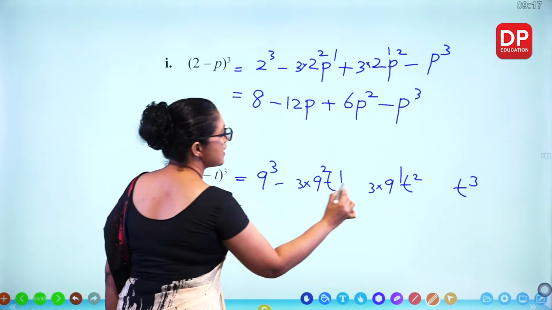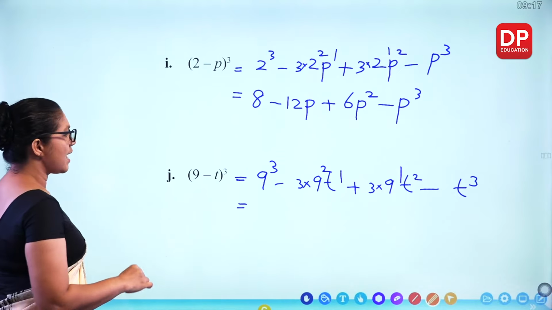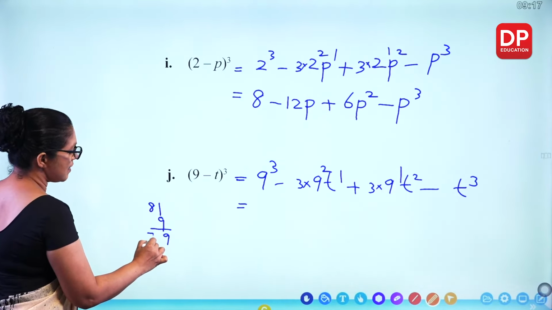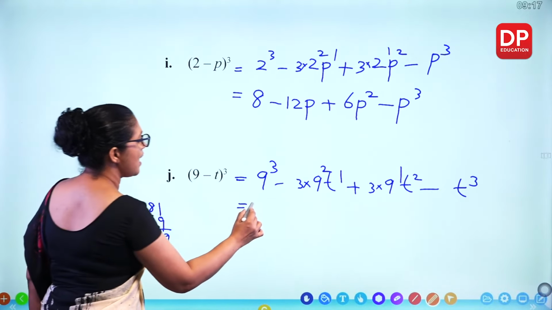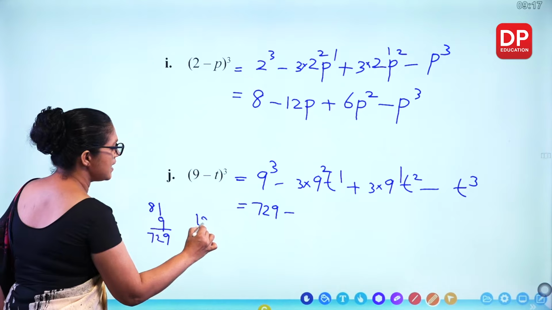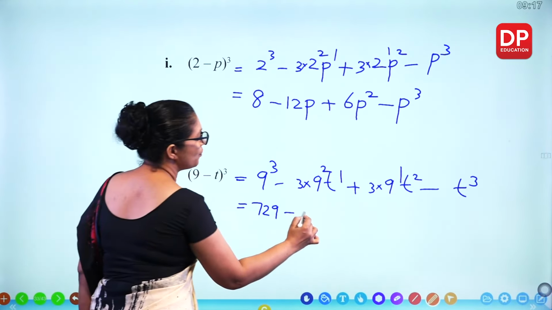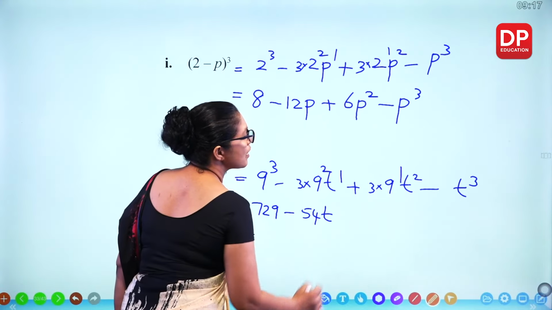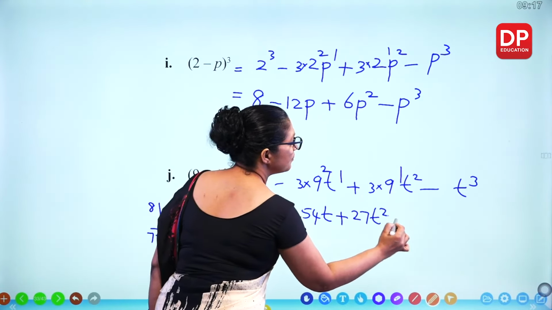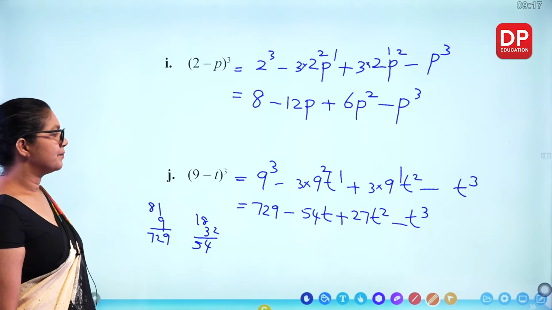First term plus, negative, plus, negative. 9 to the power 3. 9 times 9, 81. 81 times 9, 729. 9 times 9, 81. 81 times 3, 243. 9 times 3, 27. And you get t to the power 3.